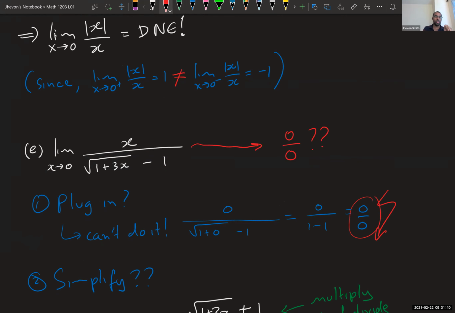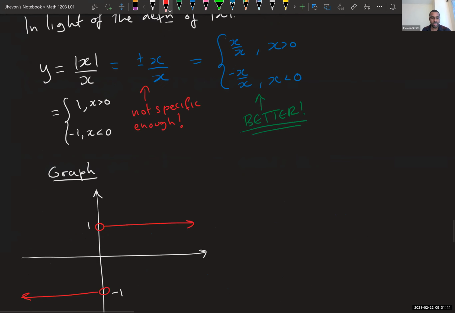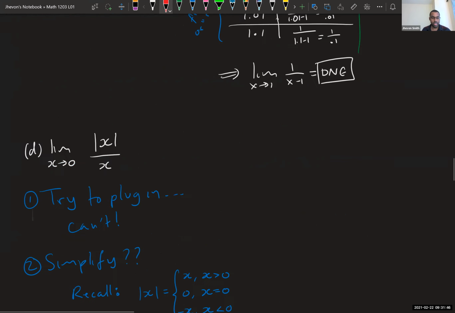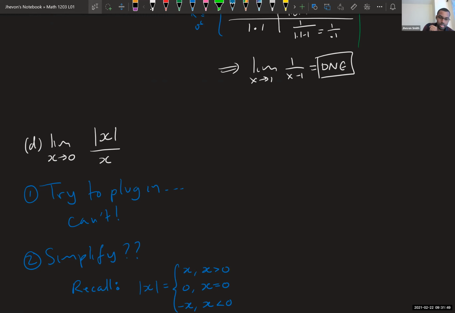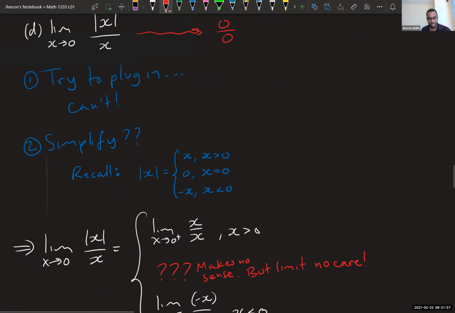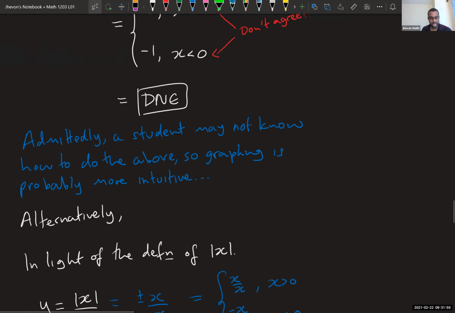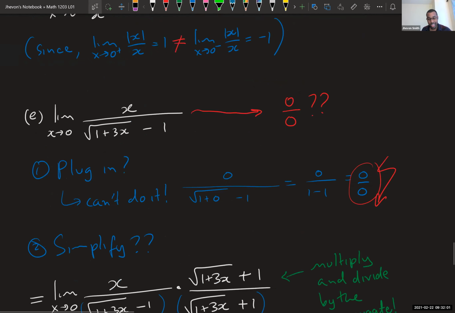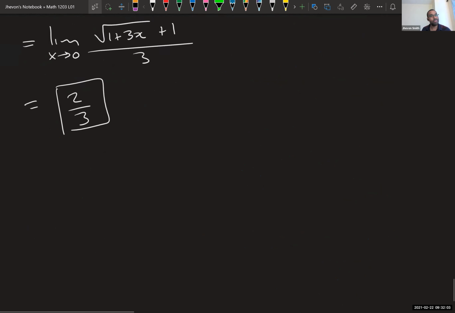And there were times when we approached 0 over 0 and it does not exist, like what happened up here. This guy approached 0 over 0. What does that mean? Infinity? No. In this case, it means does not exist. In this case, it means 2/3, right?